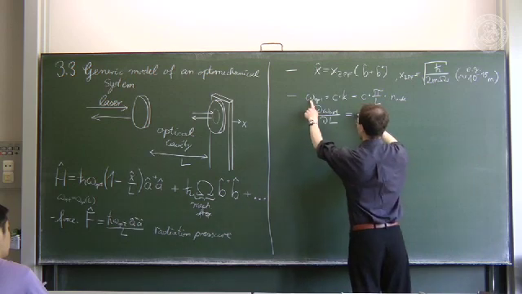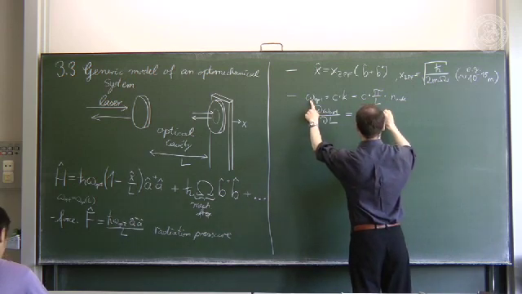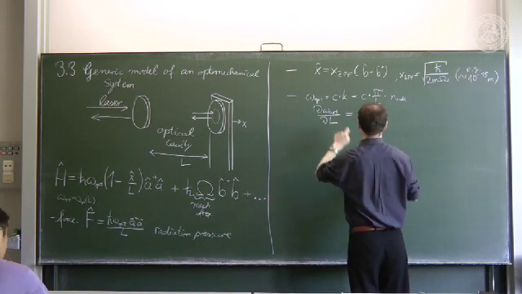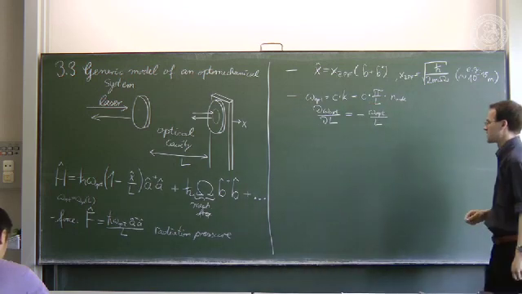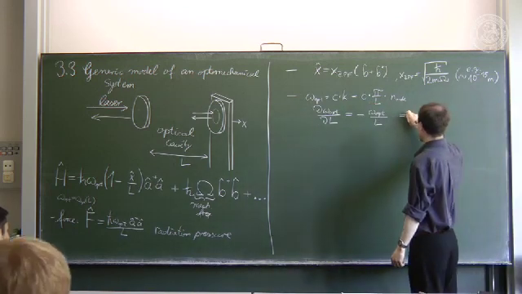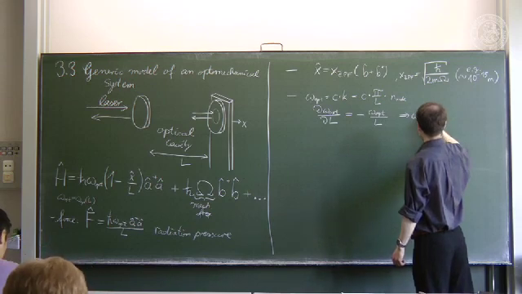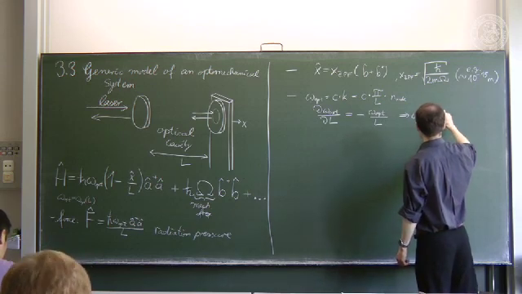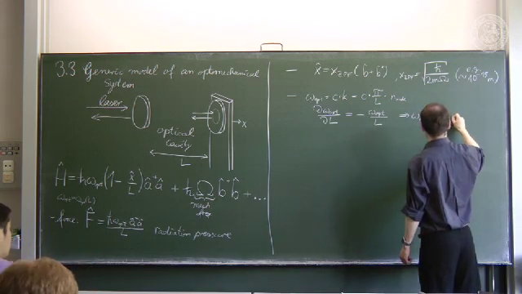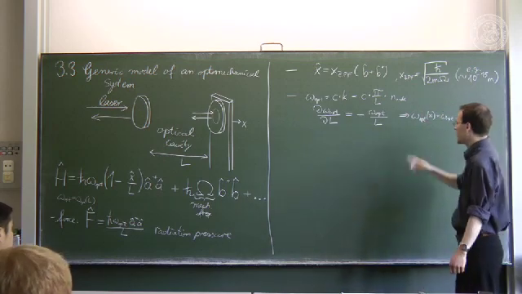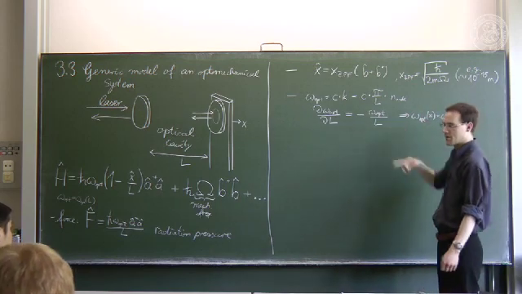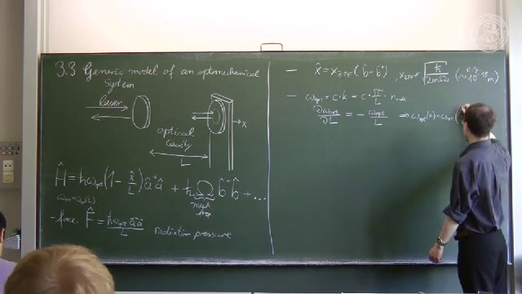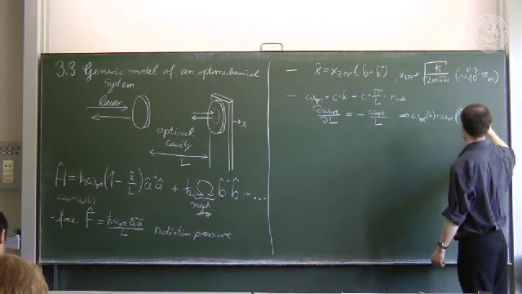And so I can rewrite this in terms of the optical frequency itself and say this is minus the frequency divided by L. So then if I expand the optical frequency in terms of displacement, it's the bare optical frequency minus x times this ratio. Or in other words, the expression which I already wrote down.